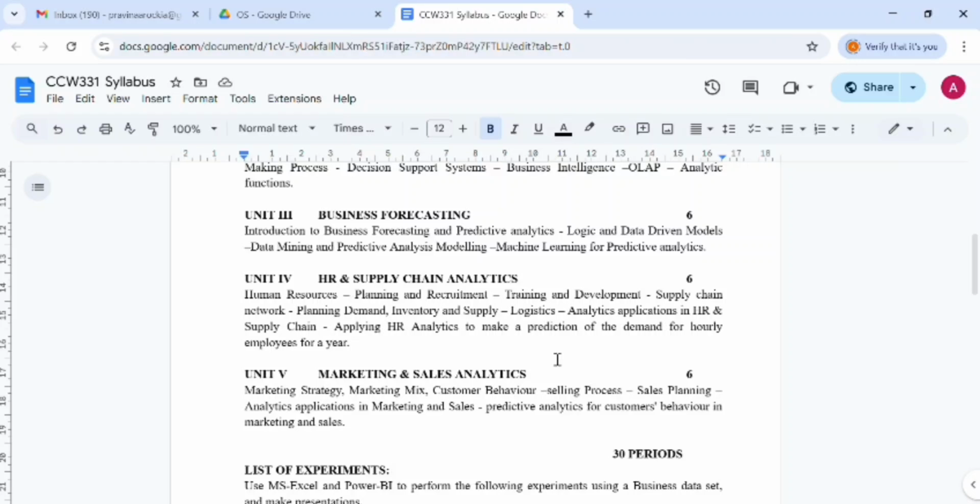If you go to the fifth unit, it covers marketing and sales analytics. After producing a product, we have to market it. So it examines analytics in marketing and sales, including marketing strategies, marketing mix, and customer behavior. That is one of the major things.